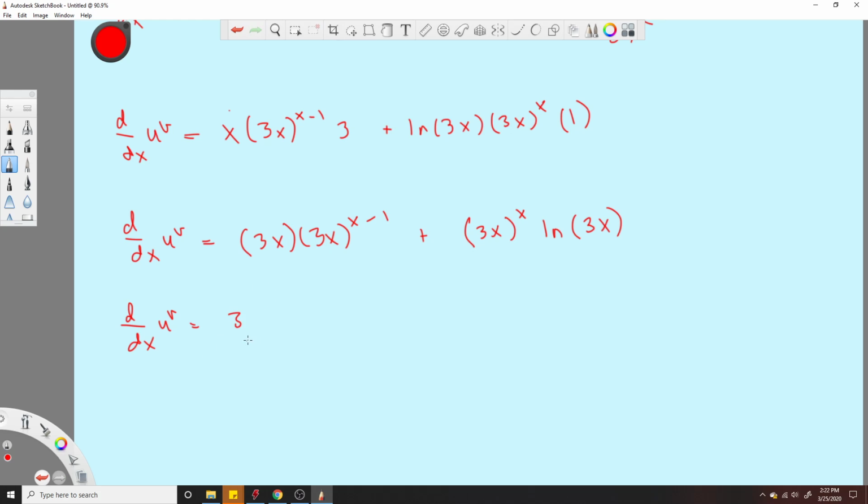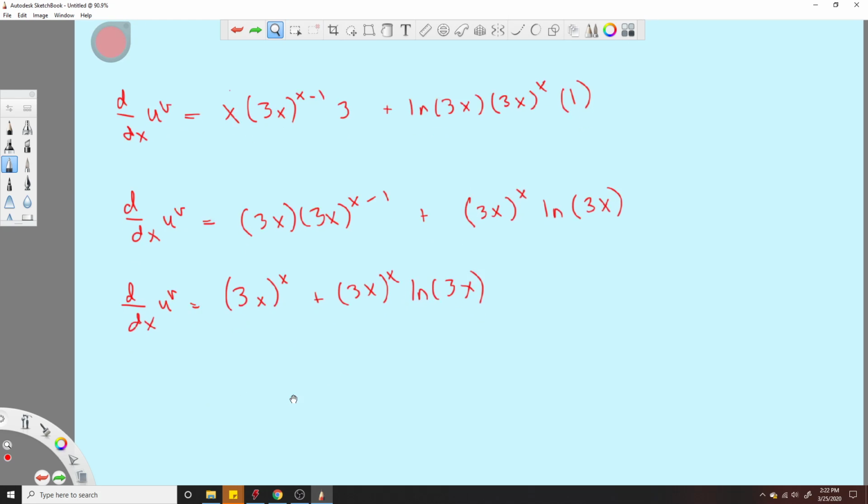It's just a rule of exponents. So this will be 3x to the x plus 3x to the x times ln of 3x. And now we can factor out that 3x, and I think that'll be your answer.